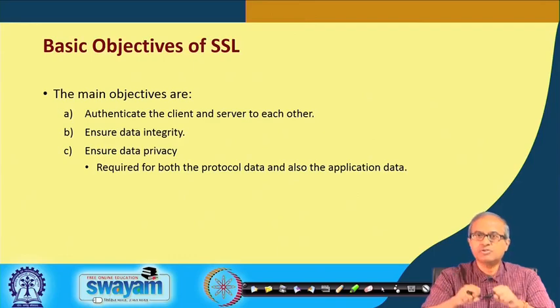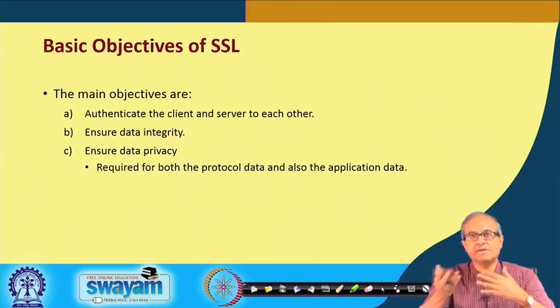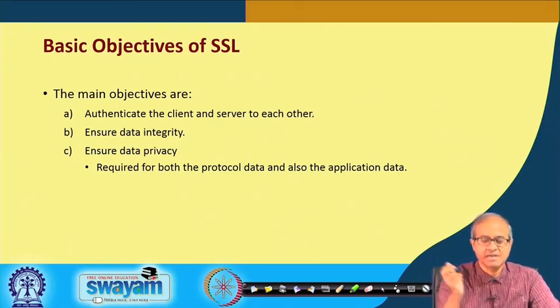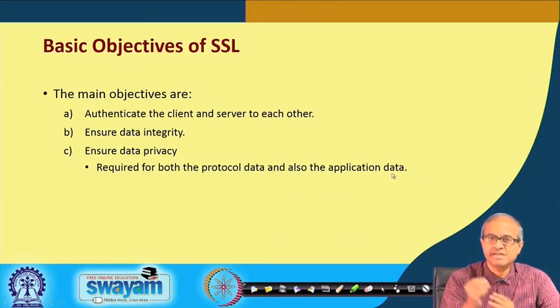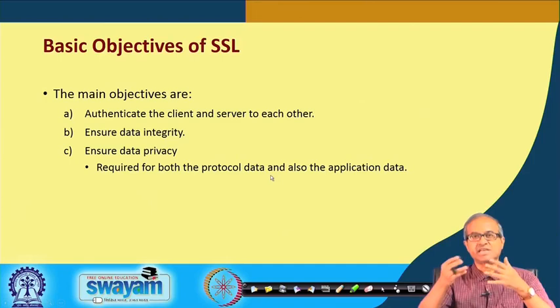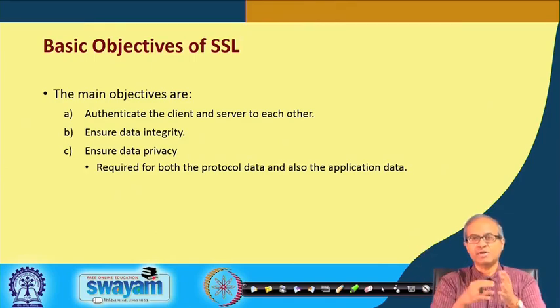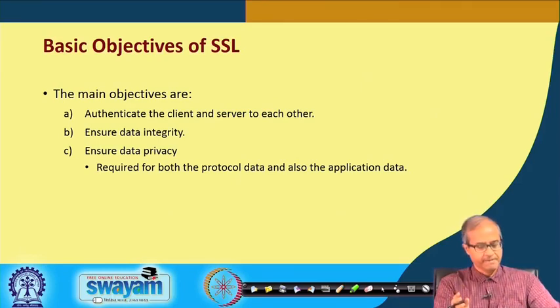SSL hides the data that is being communicated between the two parties, and this encryption is carried out not only for the application data that the user is generating, but also for the protocol data, because SSL also sends some control messages, and those can also be encrypted. So that an intruder does not know what kind of protocol is being used, what kind of encryption method is being used, nothing is being disclosed in that case. Okay? Fine.